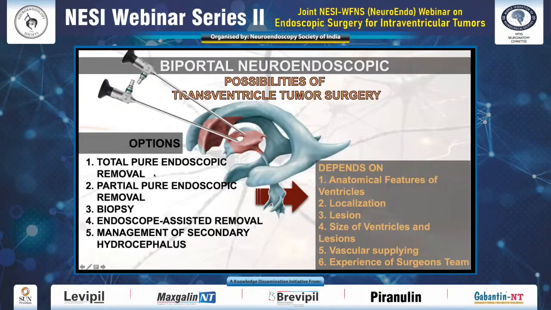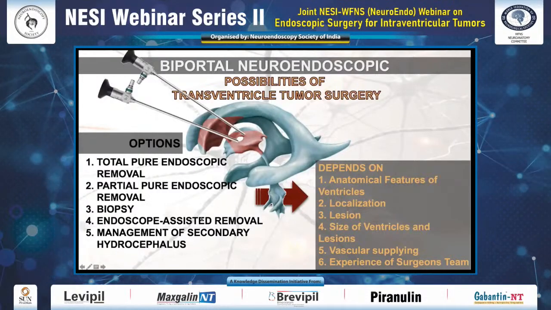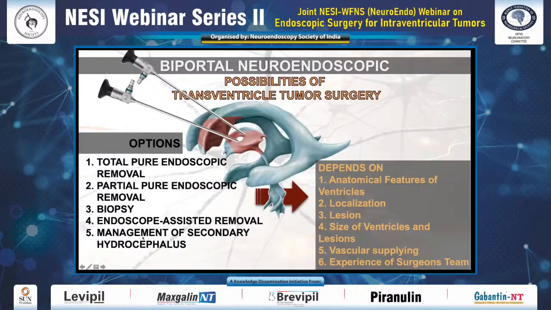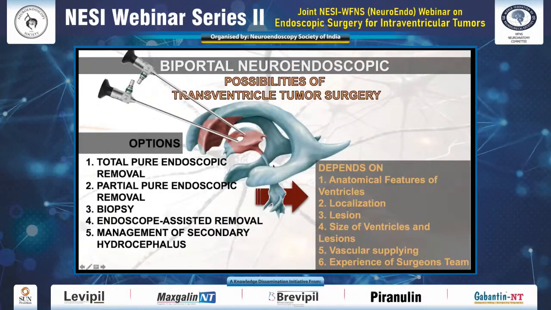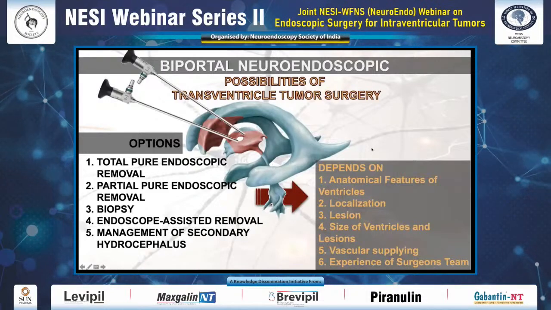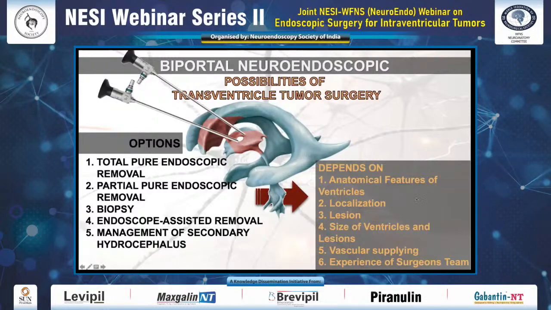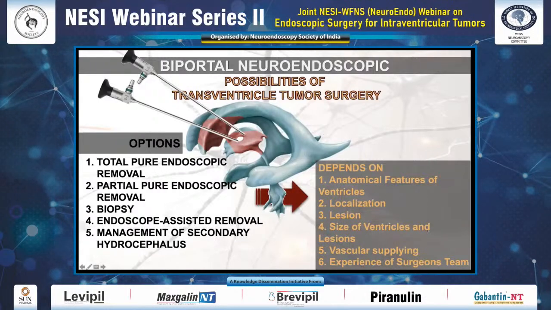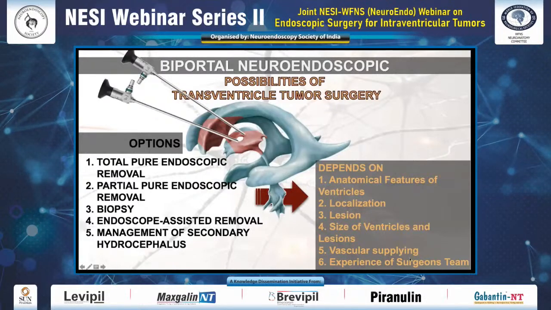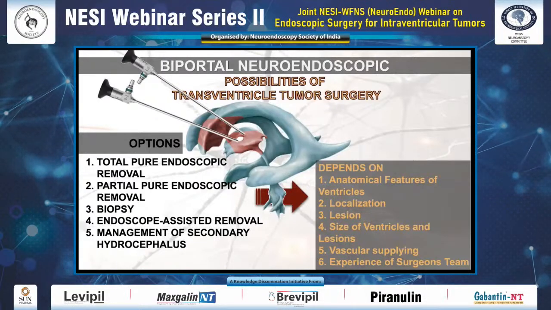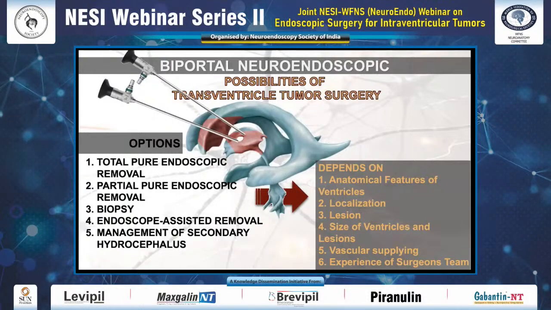Another option is partial pure endoscopic removal, biopsy, endoscopic assisted removal, and the management of secondary hydrocephalus. These are the main options in this kind of surgery. But this kind of surgery depends on the anatomical features of the ventricles, localization of lesions, size of ventricles and lesions, vascular supply, and one of the most important is the learning curve or experience of the surgeon.